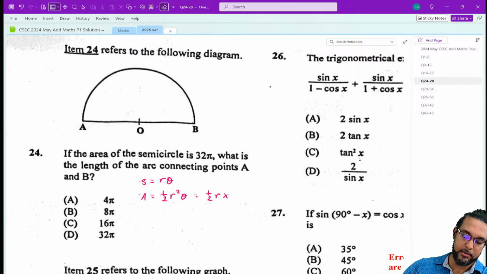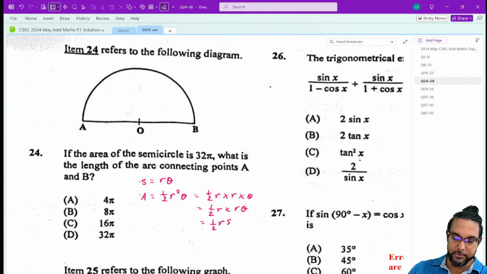R by R. So you could have a half R by R theta, which we know is just S. And we know that the area is 32 pi. So 32 pi is equal to, so I guess we can put R over 2 by S?